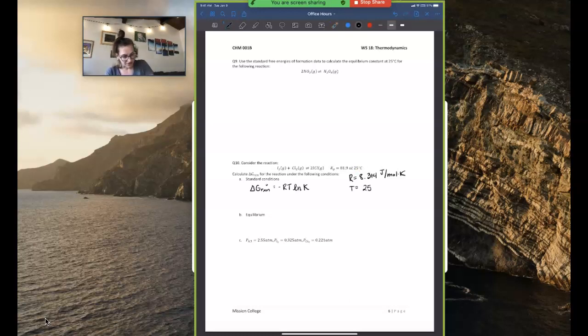So 25 plus 273 is equal to 298. Now you may go out to the hundredths place, and that would be 298.15. And then you might have some rounding error if you decide to use 298 instead of doing 298.15.